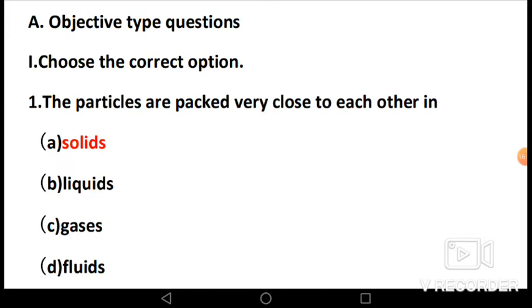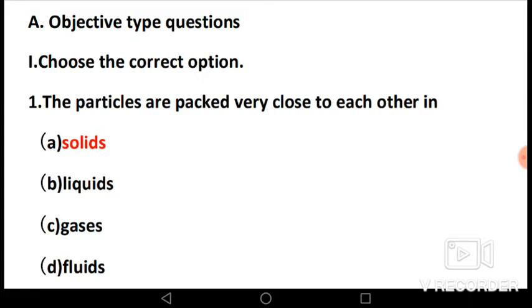Now let's solve exercise of lesson 4. Question 1. Choose the correct option. First MCQ. The particles are packed very close to each other in options are solids, liquids, gases and fluids.